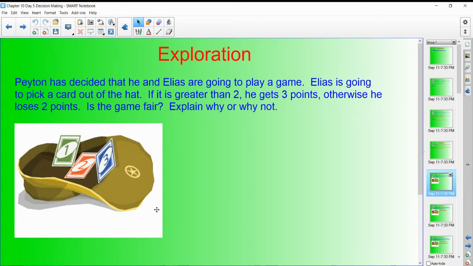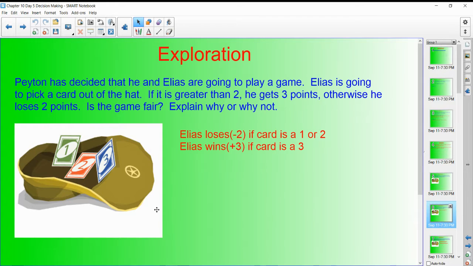So I want to look at this through the lens of an expected value. Is he expected to win points, lose points, or have the expected value be 0? So he loses 2 points, or he wins 3 points. So I write out the events and then the probability.